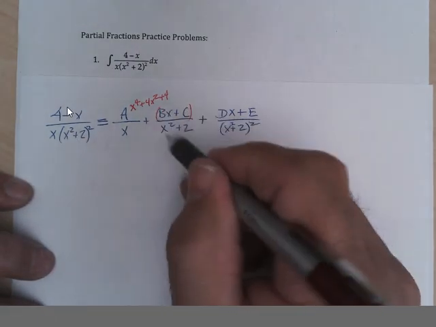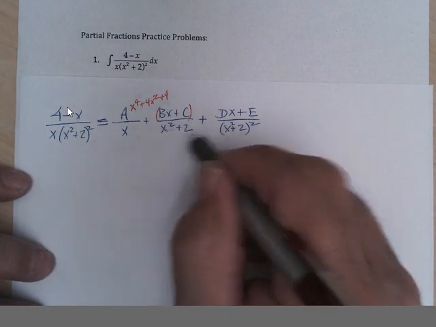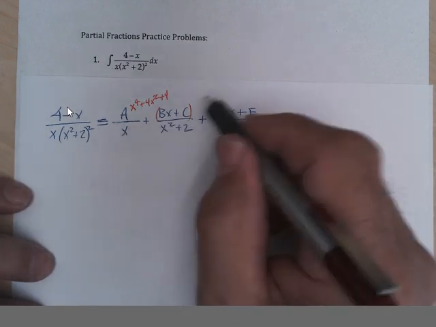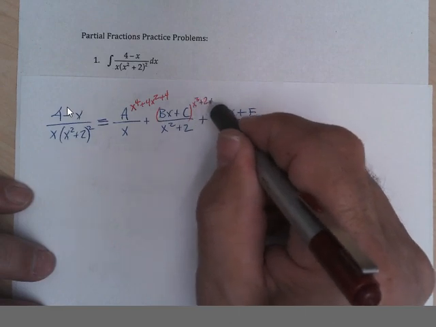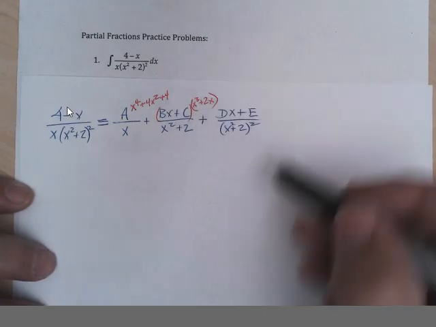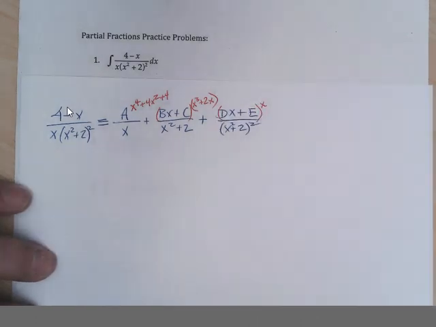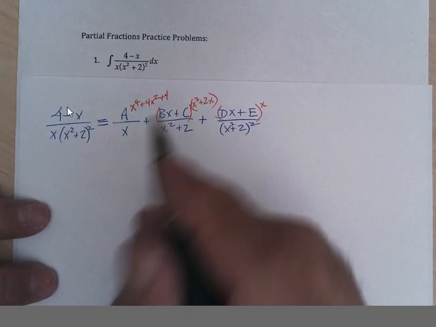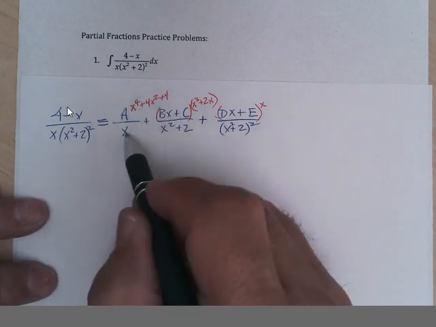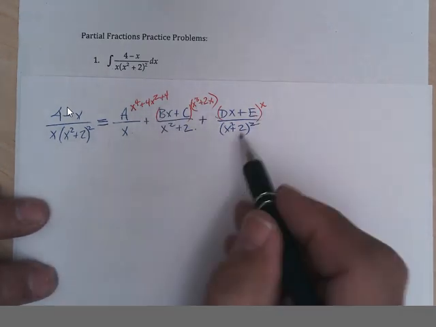Now this one that has an x squared plus 2, I'm going to need another x squared plus 2 and an x, so that's going to be x to the 3rd plus 2x. And this one, all I'm going to need is an x to make the common denominator.